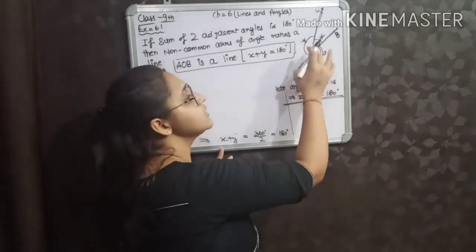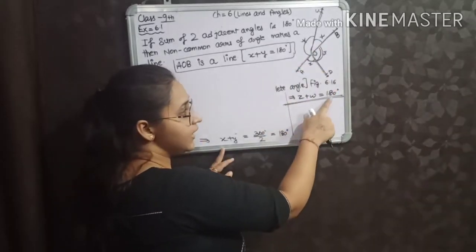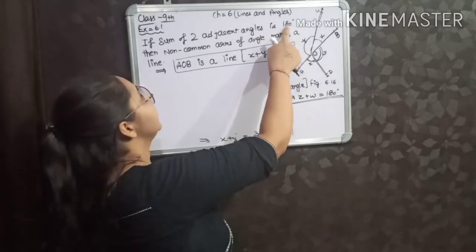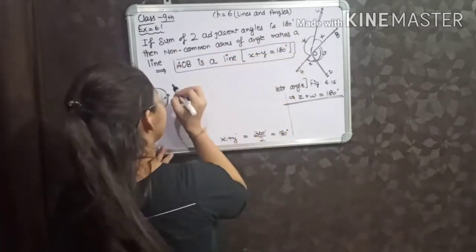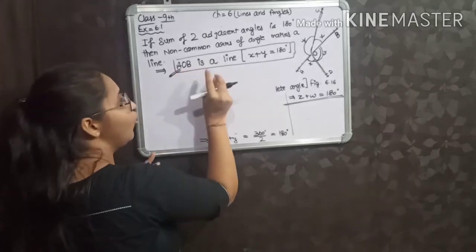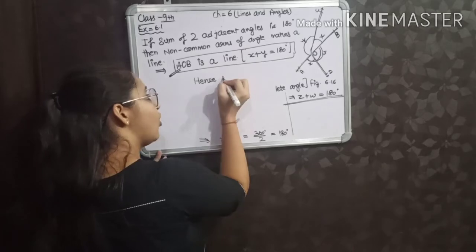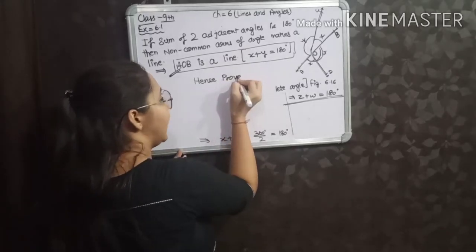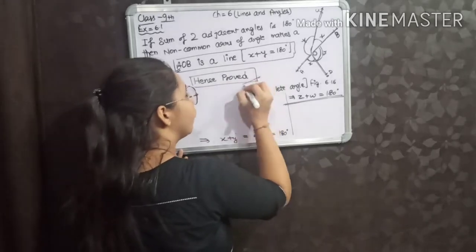So the sum of these two adjacent angles is 180 degrees, and if the sum is 180 degrees, then the non-common arms of the angles make a line. So we can say that AOB is a line, and this was what we had to prove. So we can write, hence proved.